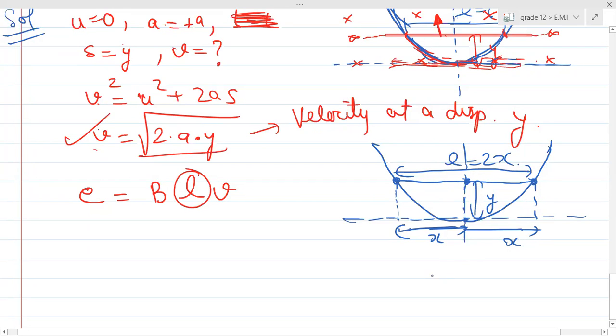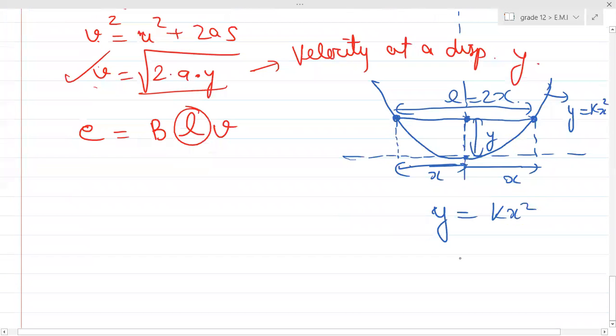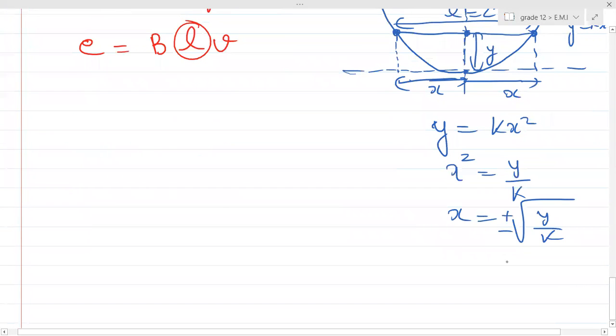We get the x coordinate from the equation. Do you remember this was given as y equals kx square? If y equals kx square, then x square equals y by k, and from here x equals under root of y by k, plus or minus. So this is x equals plus under root of y by k, and this is x equals minus under root of y by k.